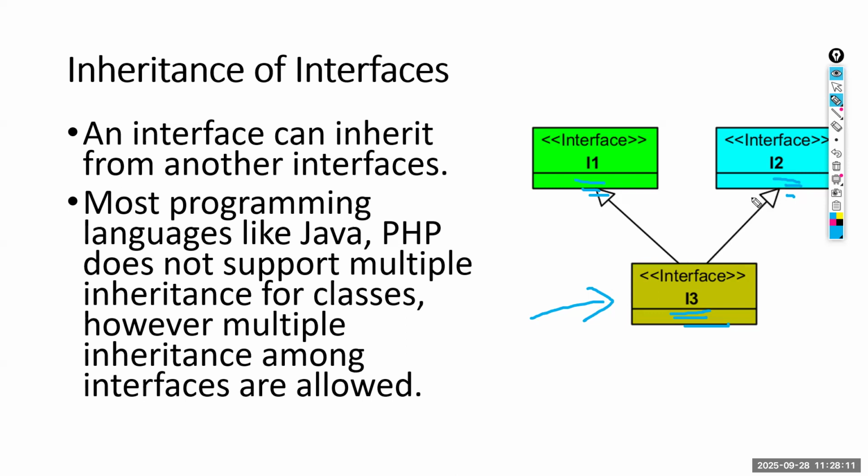Between classes, multiple inheritance is not supported, but at interface level it is supported. That means an interface can have multiple super interfaces. Java does not support multiple inheritance for classes. However, multiple inheritance among interfaces is allowed. So this is perfectly okay. But if this is a class, this is going to be an error.